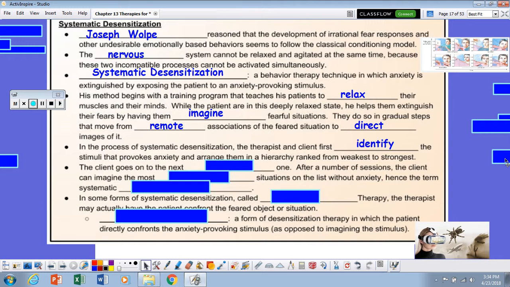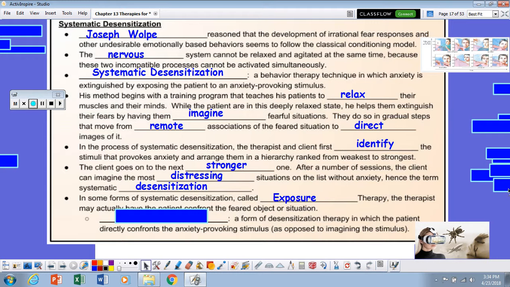The client goes to the next stronger one. After a number of sessions, the client can imagine the most distressing situation on the list without anxiety, hence the term systematic desensitization. In some forms of systematic desensitization, it may be called exposure therapy.